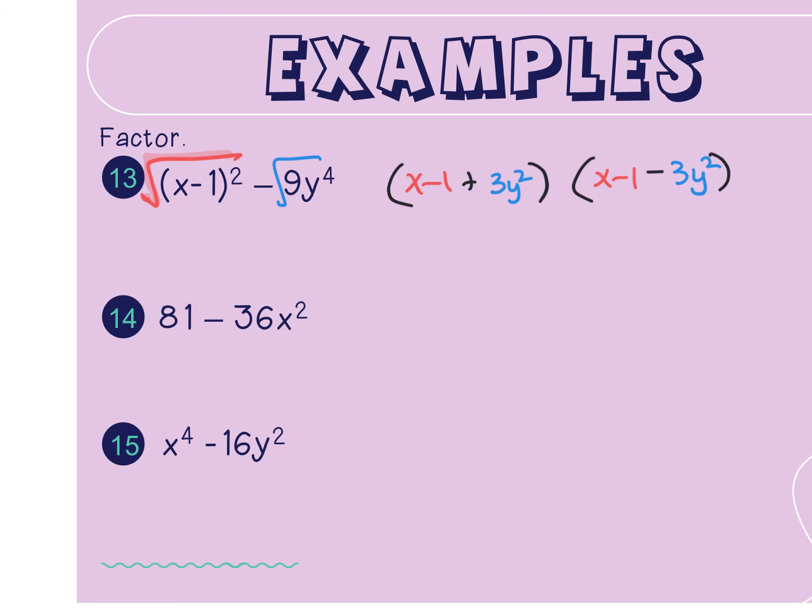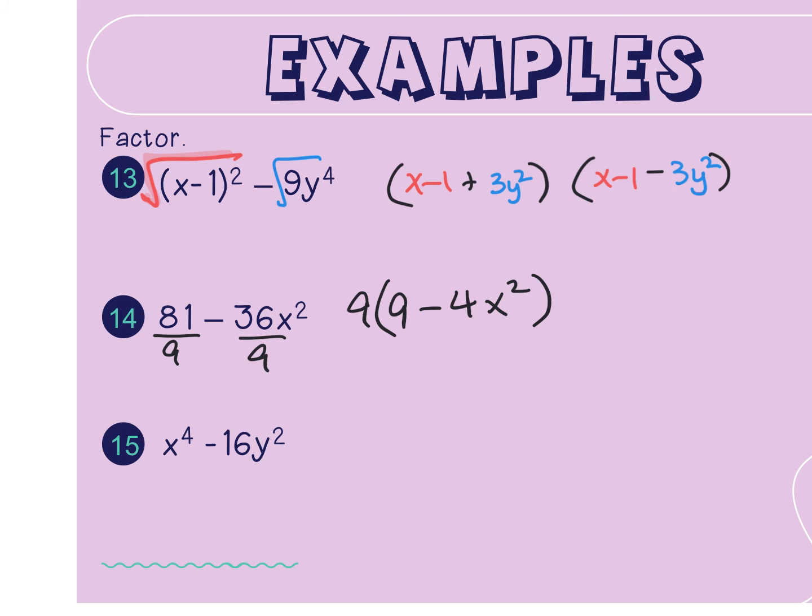All right, so for the next one, again, you might look at it and say, oh, 81's a perfect square, so is 36. But remember, always look for a GCF first. I can actually divide both of these by 9. So I'm going to divide them by the GCF first, which is 9. Write the GCF on the outside, then in the parentheses what you get after you divide.